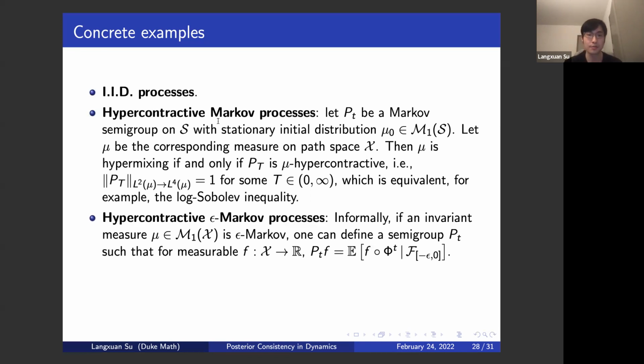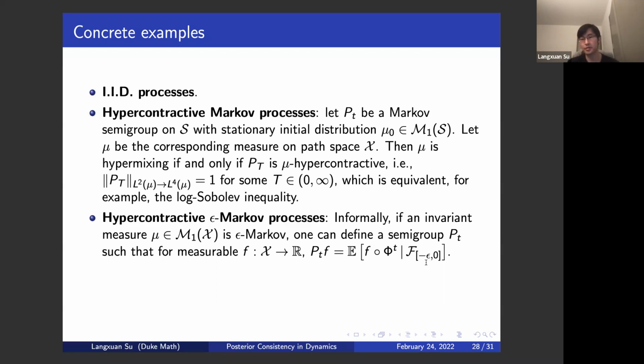But one can expand this to a dependency not just on one time step, but on a segment of time steps. So one can define a semigroup, called an epsilon-Markov process, such that if you apply it to a function at time t, it is the expectation of the time shift map conditioned on the past segment of length epsilon.